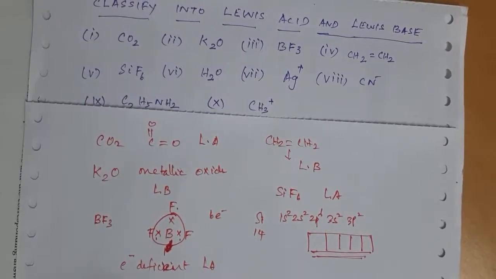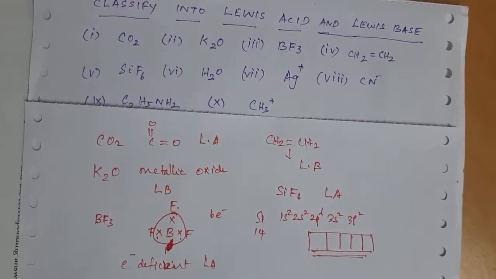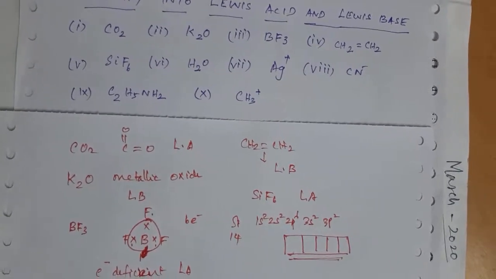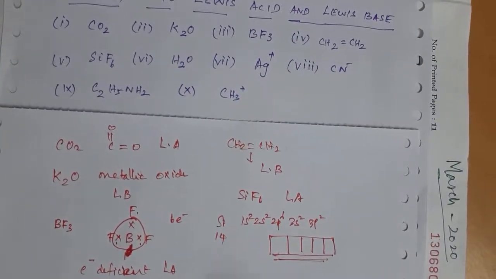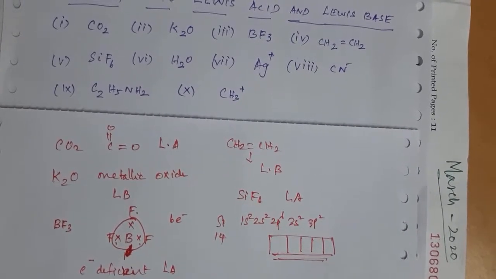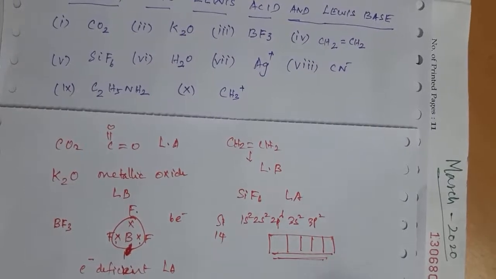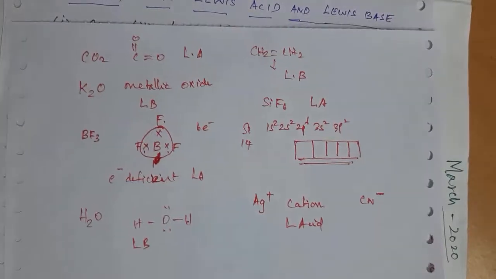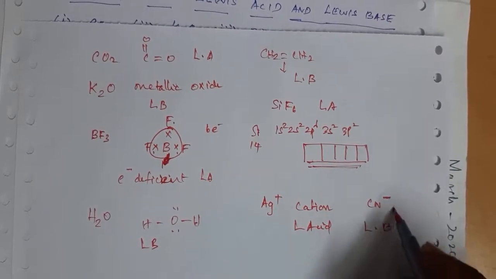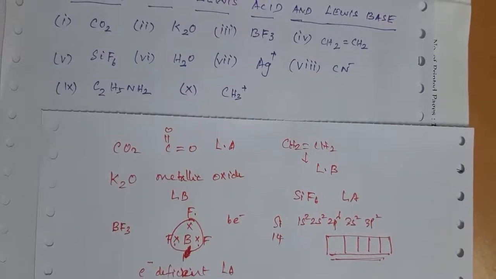The next one is water. Water structurally has 2 lone pairs of electrons, so it behaves as a Lewis base. Next, the seventh one, Ag plus, silver ion. It is a cation, and a cation behaves as a Lewis acid. Next one, CN minus, behaves as a Lewis base because it is an anion. The next compound is ethylamine.